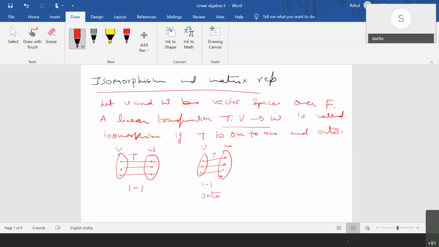Every element in W has a pre-image in V. So, for example, you have another example: 1, 2, 3, and you have only 2 elements here. Now this one can be mapped here, and this one can be mapped here. So this is an example of onto, but is it 1 to 1?